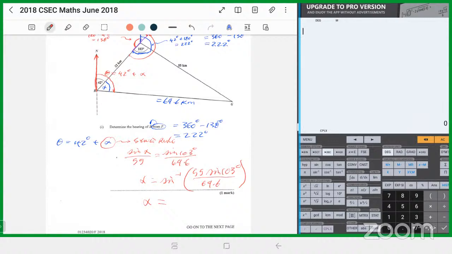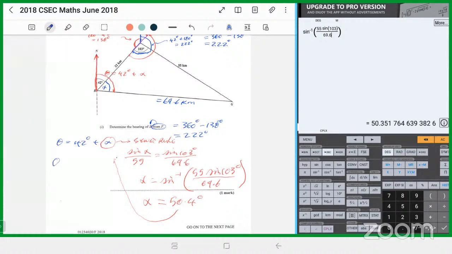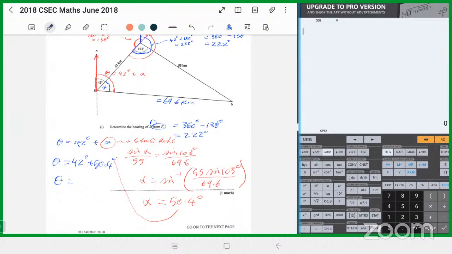It's sine to the -1 of 55 sine 103 divided by 69.6, and I'm getting 50.4 degrees. Using this 50.4 degrees back up here, the angle theta becomes 42 degrees plus 50.4 degrees.